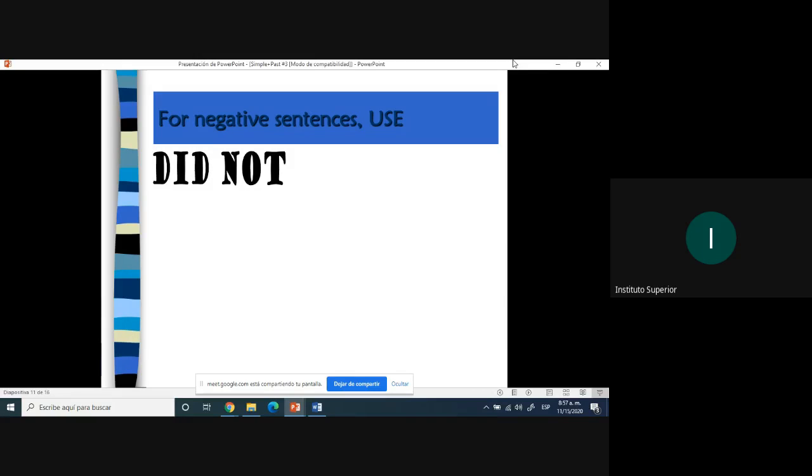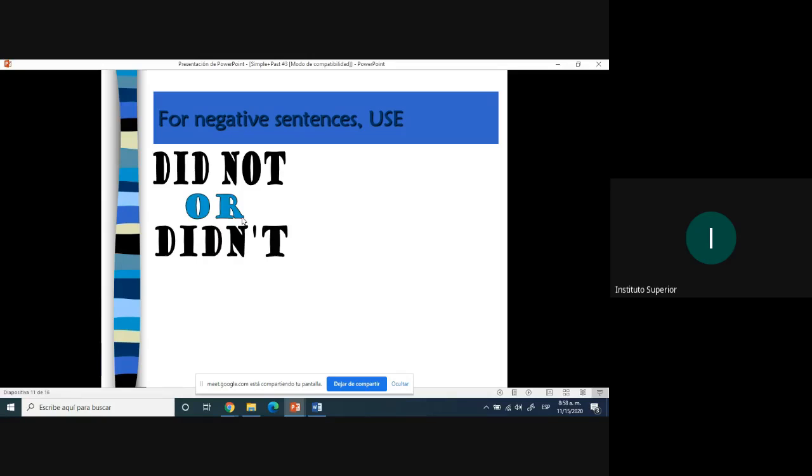How? It's necessary to use the auxiliary did not. Yes, the auxiliary did not, or the construction didn't. Very good. So let's look at some examples.